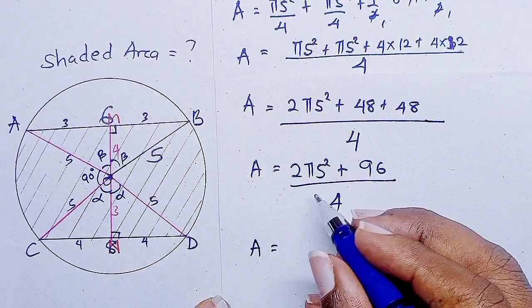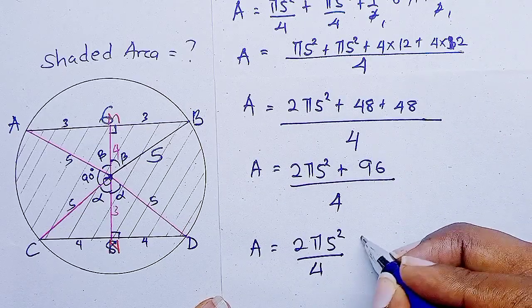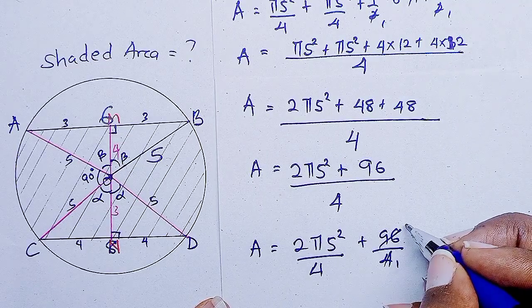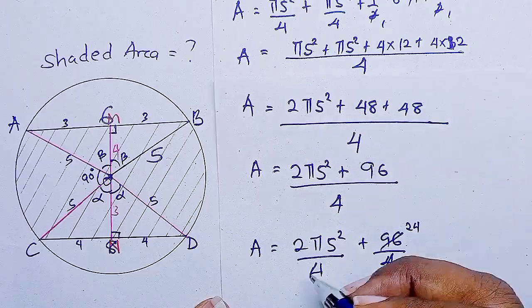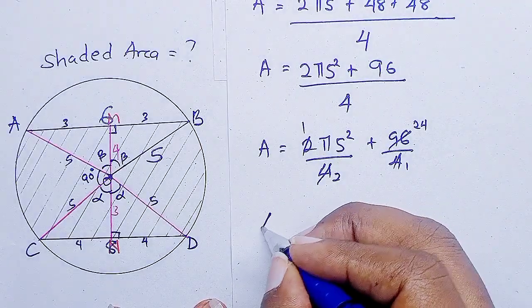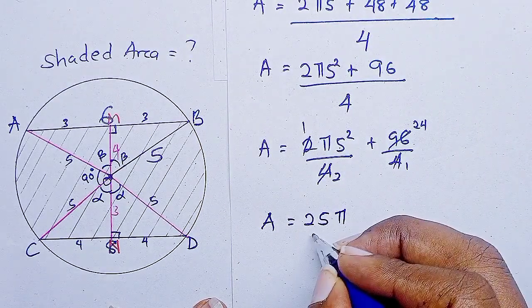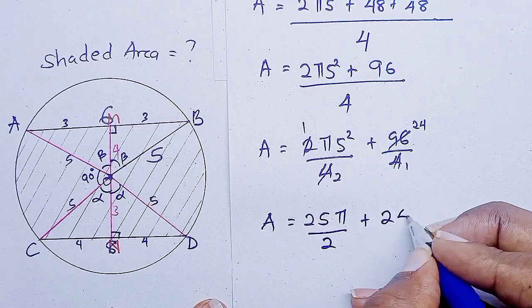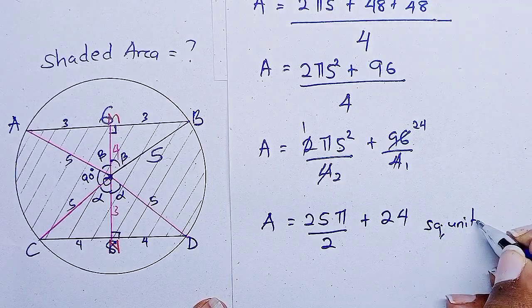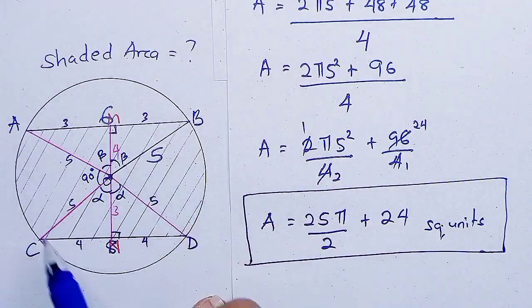So area is equal to, we separate the 2 pi 5 squared over 4 plus 96 over 4. 4 goes into 96, 24 times. So here we have 2 and here we have 1. So area is equal to 5 squared is 25. So 25 pi over 2 plus 24. So this is in square units. So this is the area of this shaded region.